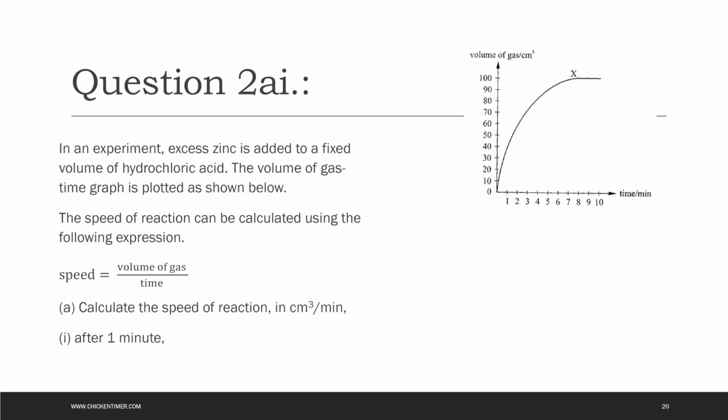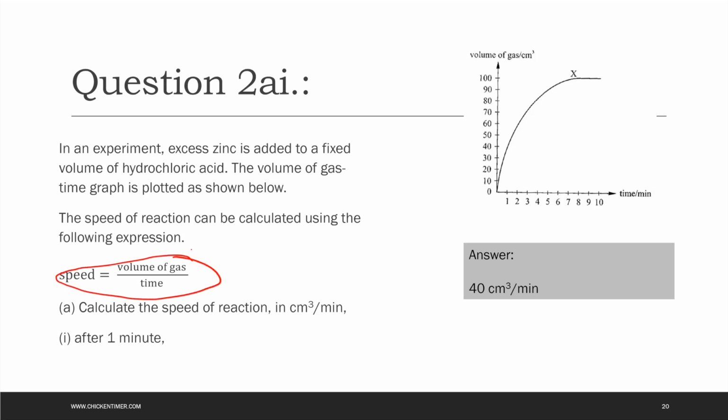Calculate after 1 minute. So at 1 minute, I think it's 40. 40 divided by 1 is 40, because the formula down here is given to you already. It says speed equals volume over time.